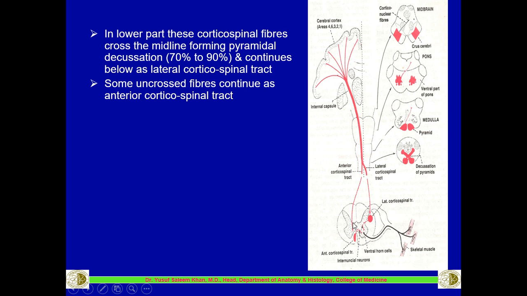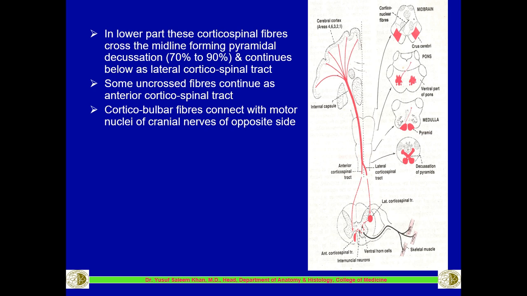In this section taken in the spinal cord, here you can see the lateral corticospinal fibers, and here you can see the anterior corticospinal fibers. So 70 to 90% of the fibers decussate, and around 10 to 20 or 30% remain on the same side and form the anterior corticospinal tract.